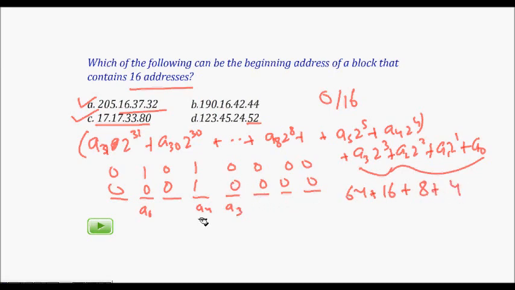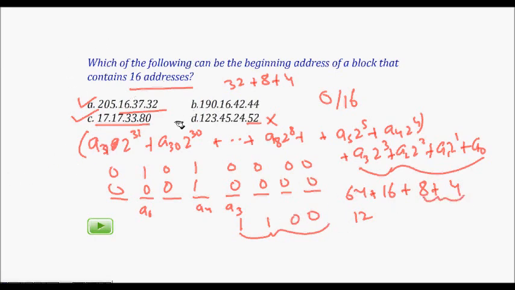So this one will become 1, this one will become 1 0 0, so this number is 12. 12 is not divisible by 16, so this will not work. Similarly 44 will also not work, because 44 is 32 plus 8 plus 4, so again 8 plus 4 will come, which is not divisible by 16.